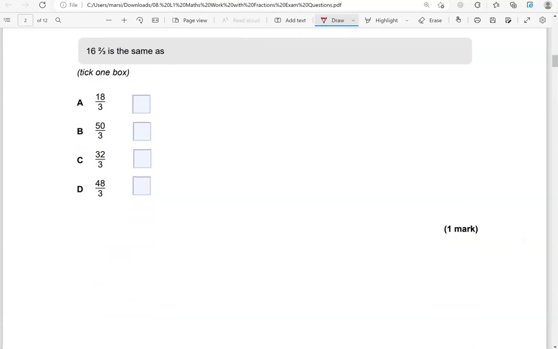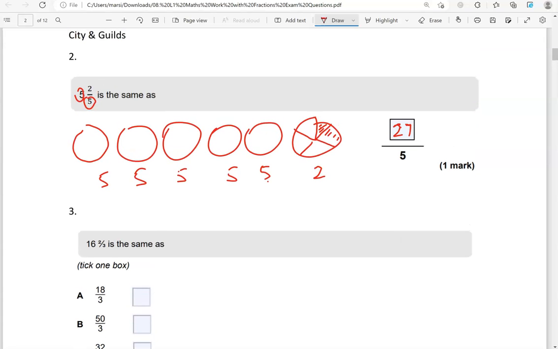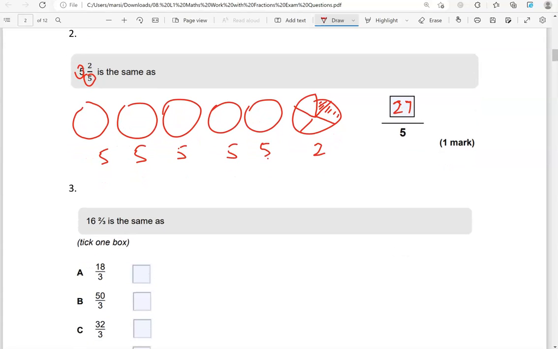16 and 2/3 is the same as 18/3, 50/3, 32 thirds, or 48 thirds. Okay, so the short method I just went through was multiplying the bottom number of the fraction, the denominator, by the whole number.